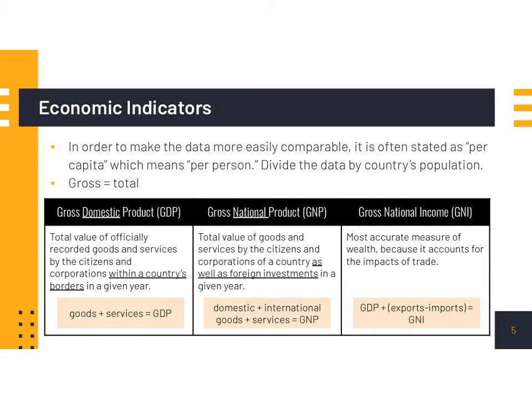Okay, then we have the gross national product, which is the total value of goods and services by the citizens and corporations of a country, as well as foreign investments in a given year. So we are adding all of the things produced domestically and internationally, and that makes up the gross national product. What that means is, say we have an American company that has a factory overseas.